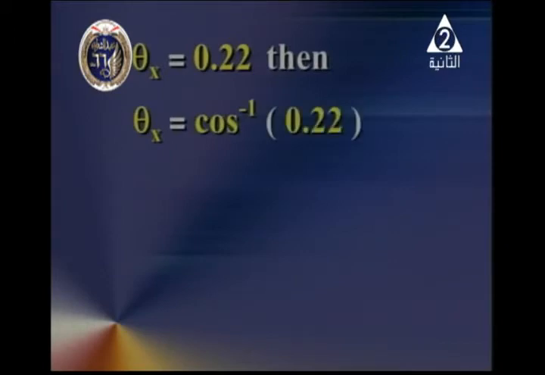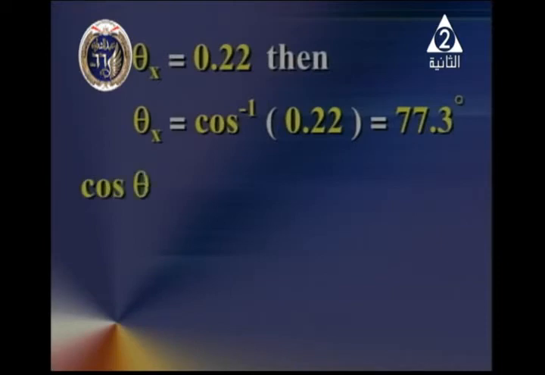What is the cosine theta x? 0.22. Then what is theta? Shift cosine 0.22 to find 77.3 degrees. When we find theta x, we use calculator cosine inverse of the value 0.22 to calculate 77.3. This is the value of theta x.